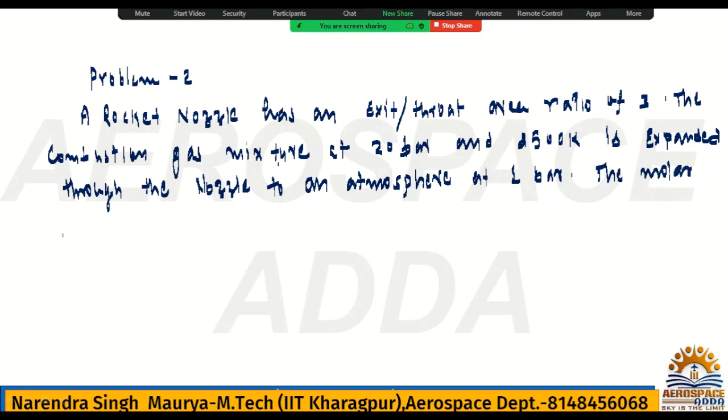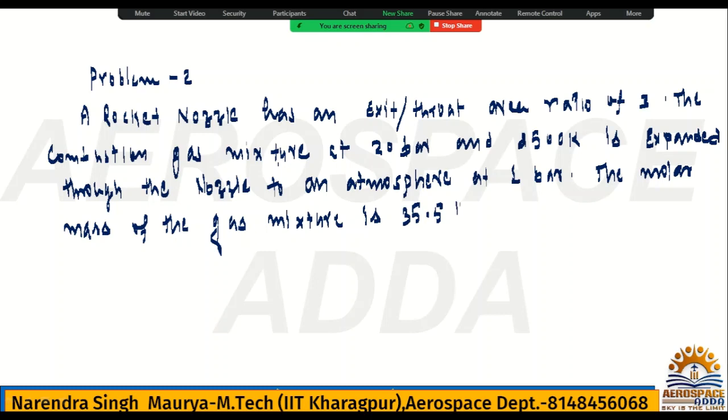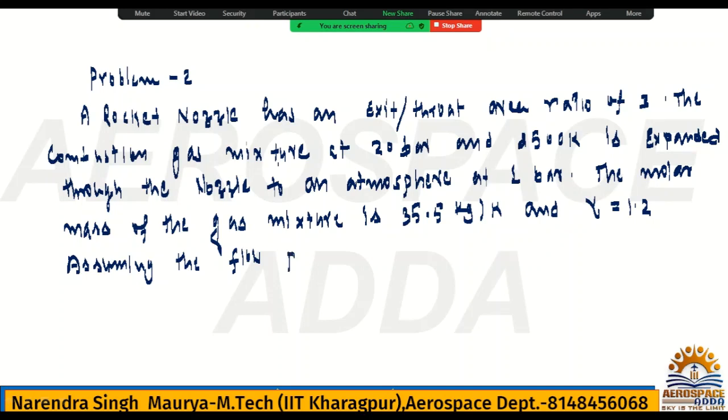The molar mass of the gas mixture is 30.5 kg per kmol and gamma is 1.2, assuming the flow process to be isentropic.